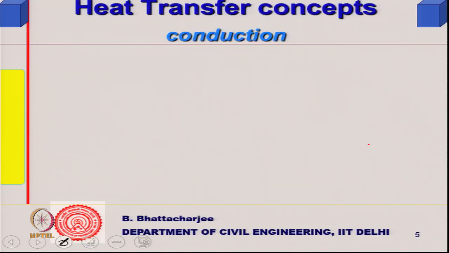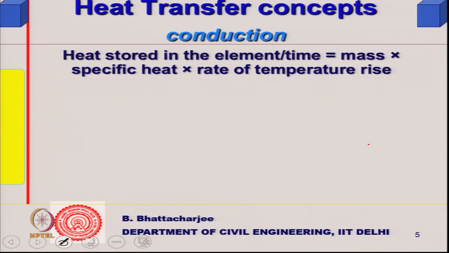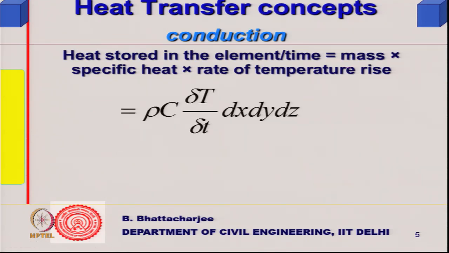So, this must be equal to the heat stored in the element per unit time, which is the mass into specific heat into rate of temperature rise. So, I can write it like this: mass is nothing but rho, density, into volume dx dy dz.